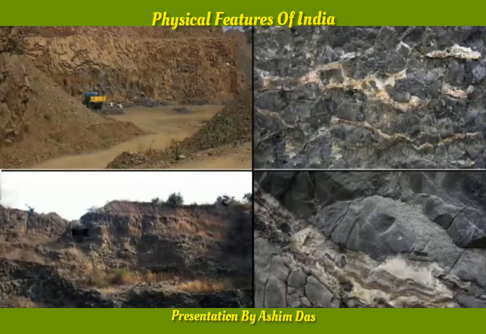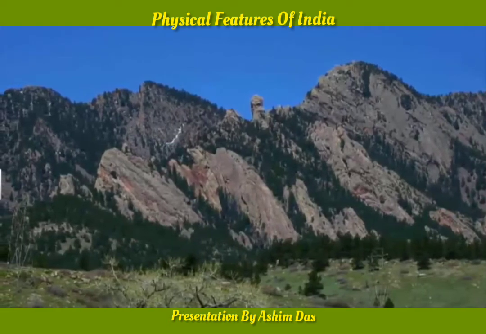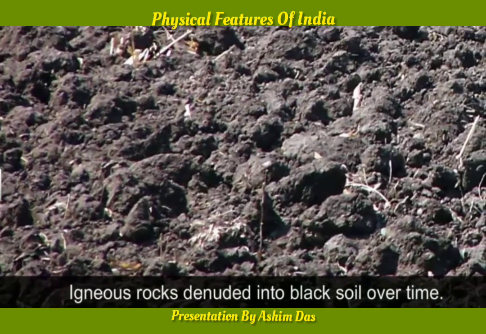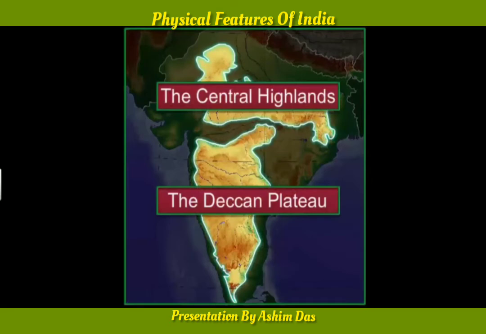The black soil in the plateau was formed as these igneous rocks denuded over time. These were the two broad divisions of the Peninsula Plateau. But before we complete the discussion on the Peninsula Plateau, let's take a look at its northwestern margins.